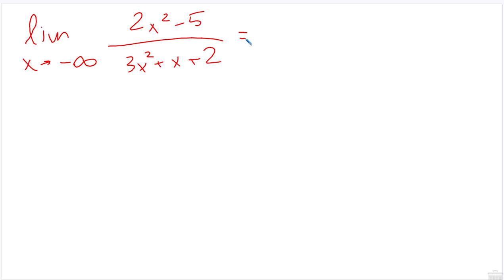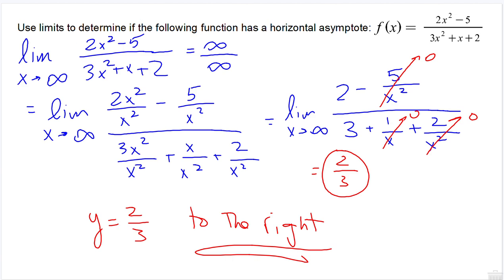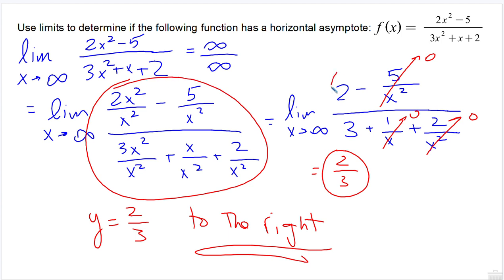Now this time when I do that, I'm just going to skip the intermediary step where I actually do the division, and skip right to the post-simplification. That's the simplification within the limit. It doesn't matter what limit I'm approaching to do that simplification.